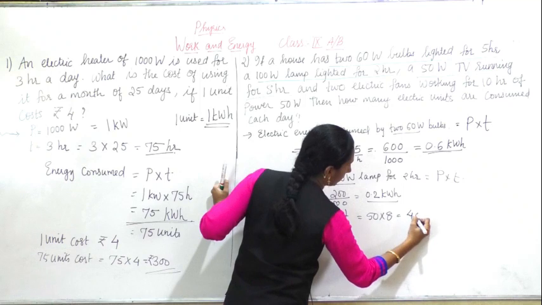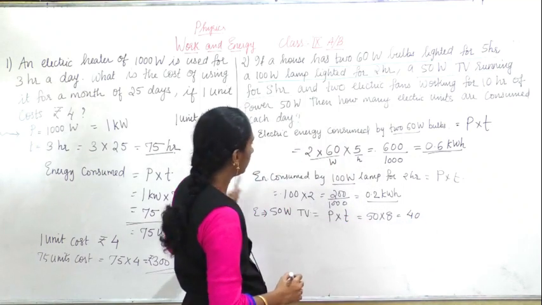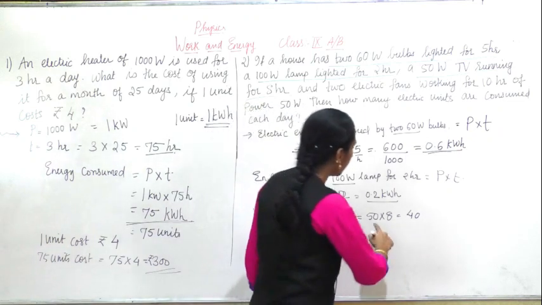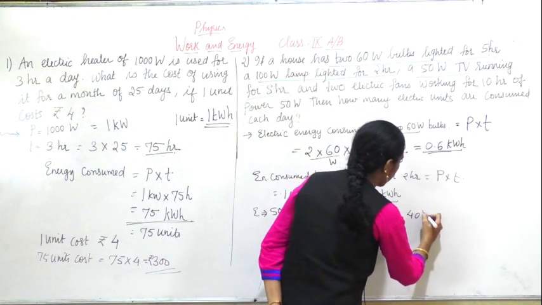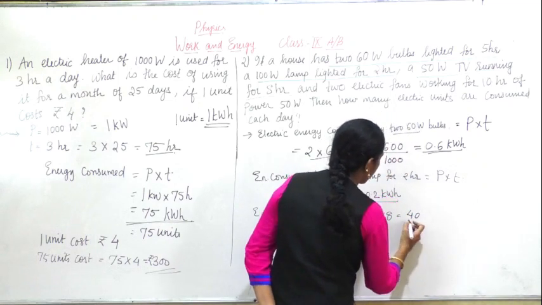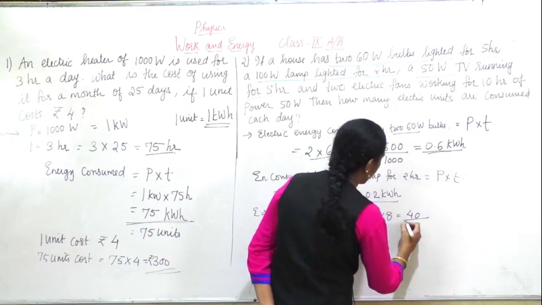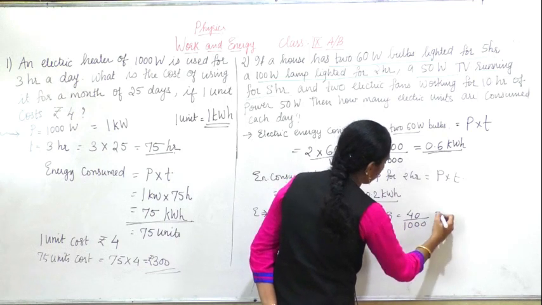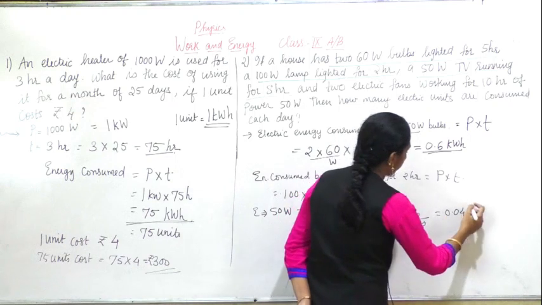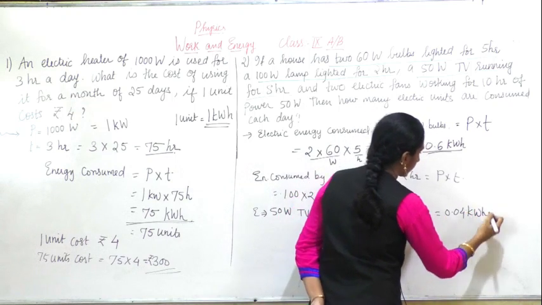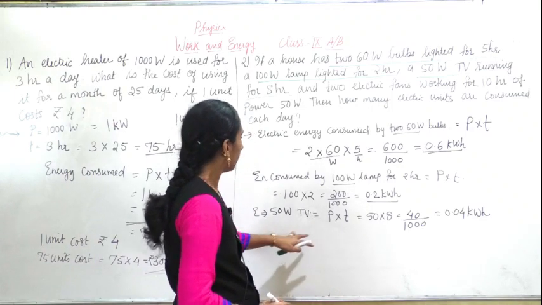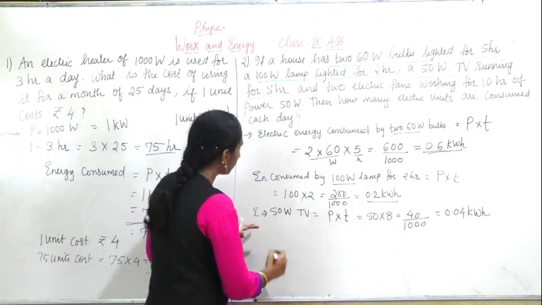So 50 watt into 8 hours gives 40 watt hour. Again to convert it, you will divide this by 1000, so you are getting 0.04 kilowatt hour. Please cross check these answers.